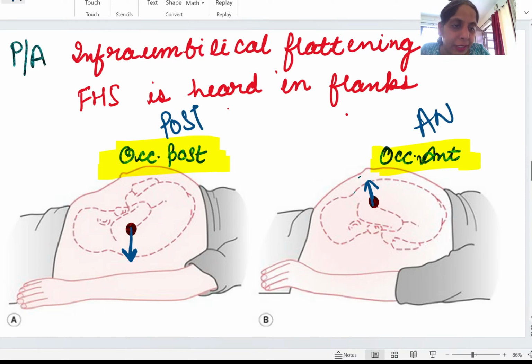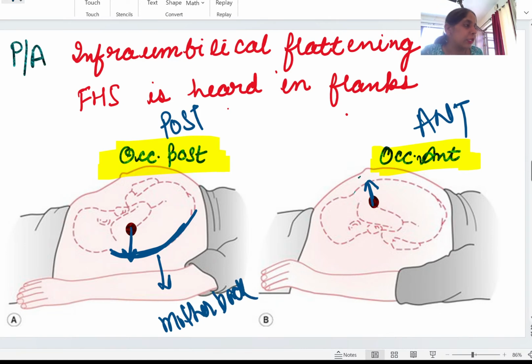In occipito-posterior, the fetal back is toward the mother's back. Whereas in the occipito-anterior, the back is anterior. So where the occiput is, in the same direction the back is. Is it okay?